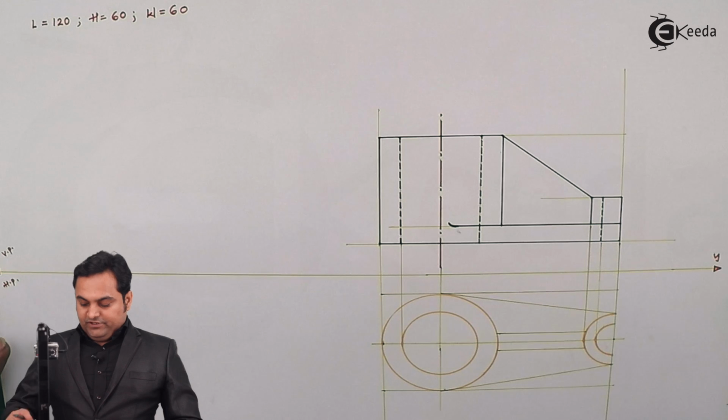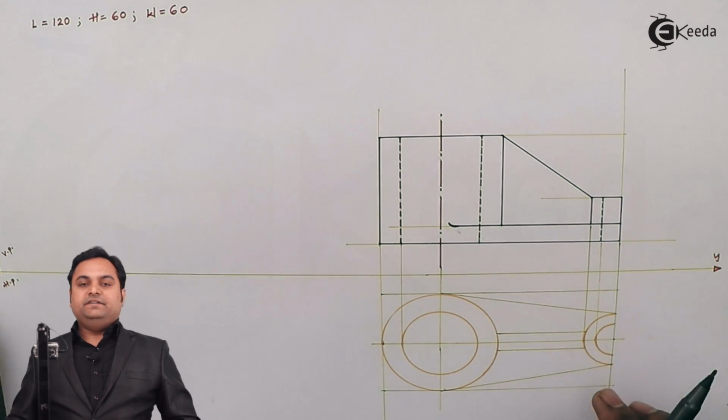So this is the top view of the given object. Once I have completed it light, now I'll make it dark.